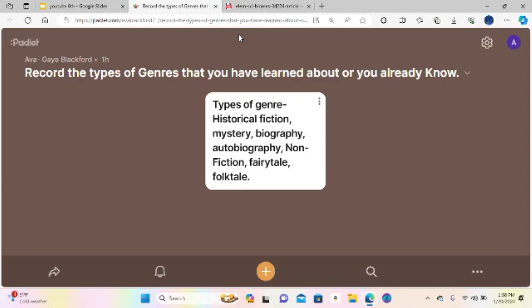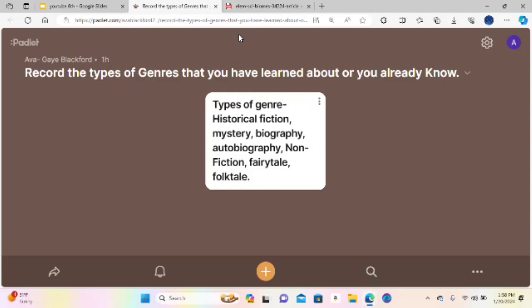And a biography is a story about somebody else's life, which is written by someone else. An autobiography is a story of somebody's life written by that same person. And nonfiction gives us factual information.